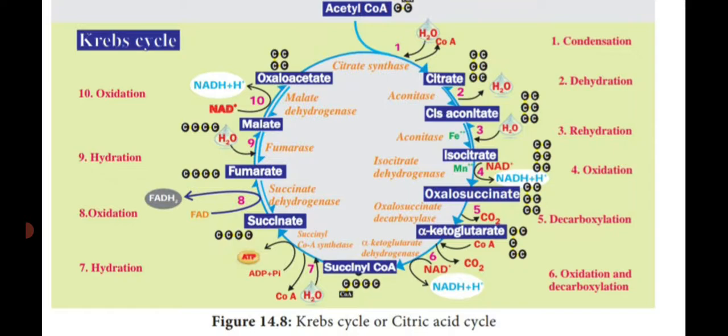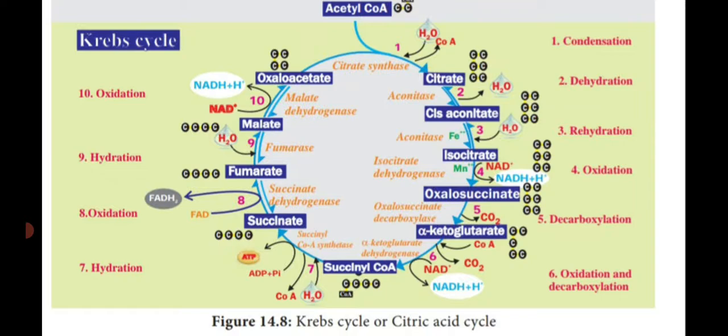At that time, without utilizing electrons, one molecule of adenosine diphosphate is converted into ATP by adding inorganic phosphate. This phosphorylation is known as substrate level phosphorylation between succinate and succinyl coenzyme A.